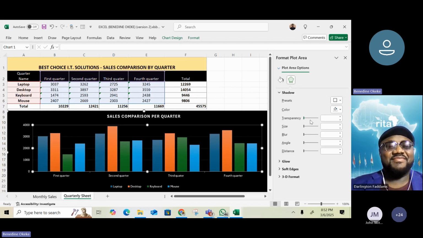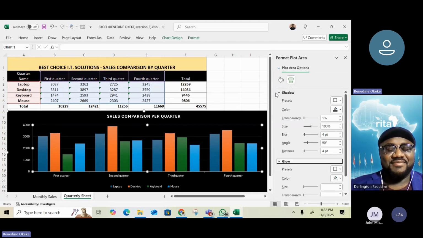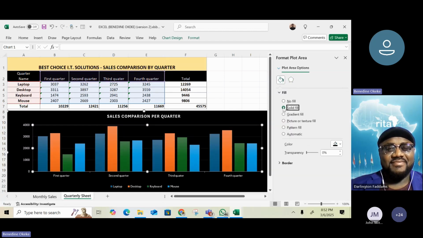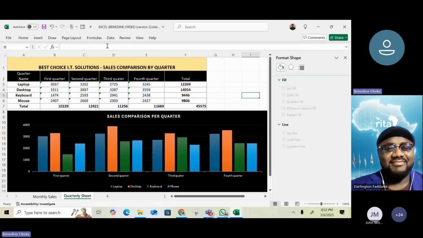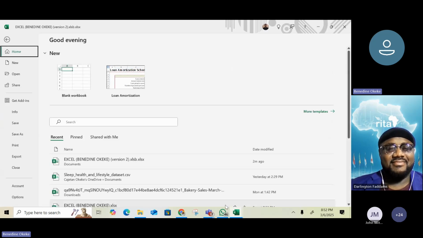If you want to increase this, just click on it and you get it, if it's preferred. If it's not preferred, then you can adjust it yourself manually from here, the percentages. You go to glow, you do the same thing, and then you also click here, you also get options. So you might want a solid fill or automatic and all of that. Basically that was what I did. I just explored all the options that are available from formatting to designing.